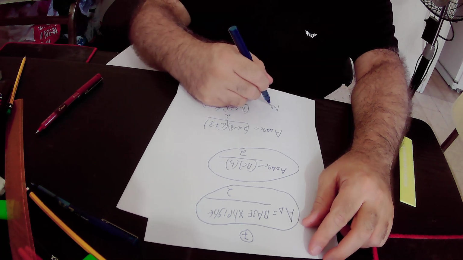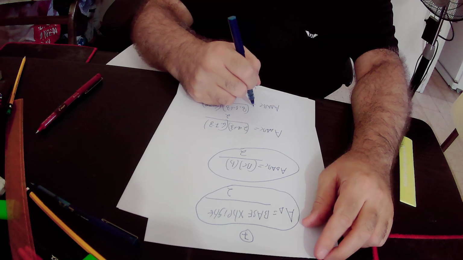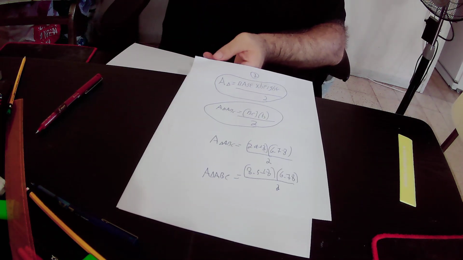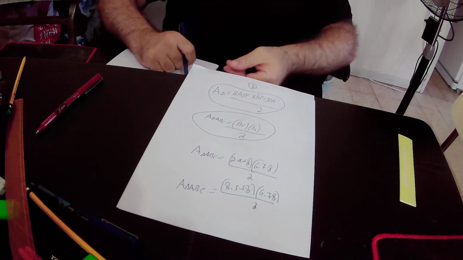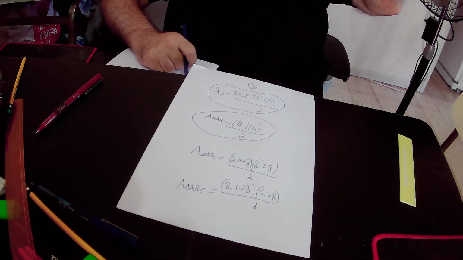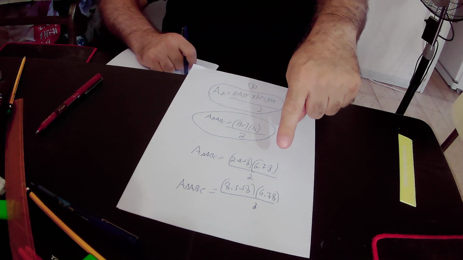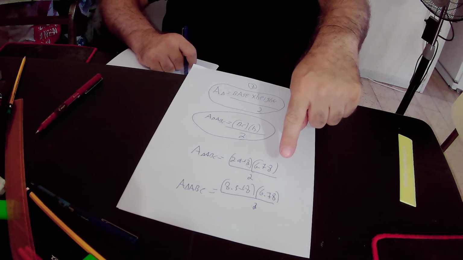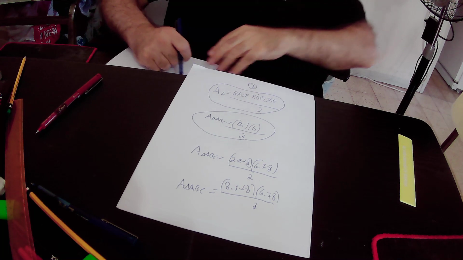Okay. So the area of triangle ABC equals 8.5 plus 8, that is 16.5, times 6.78 over 2.